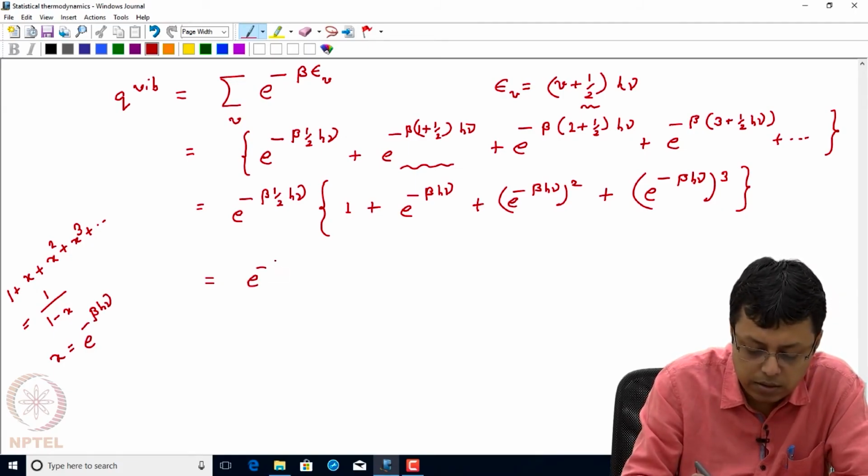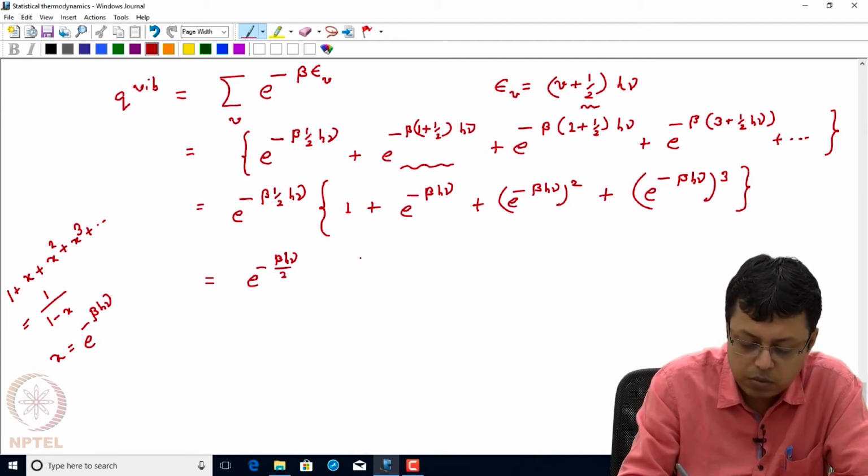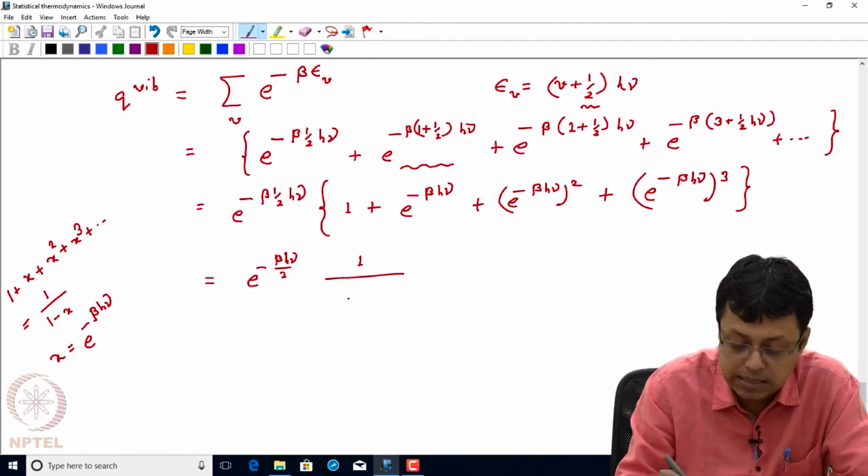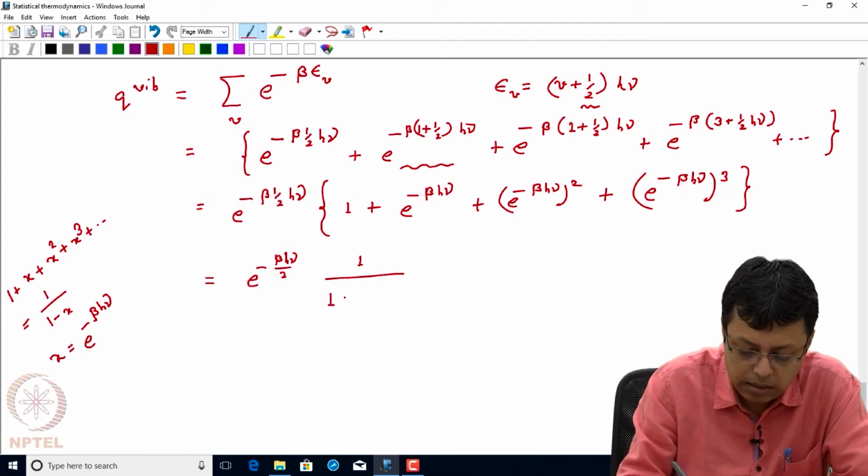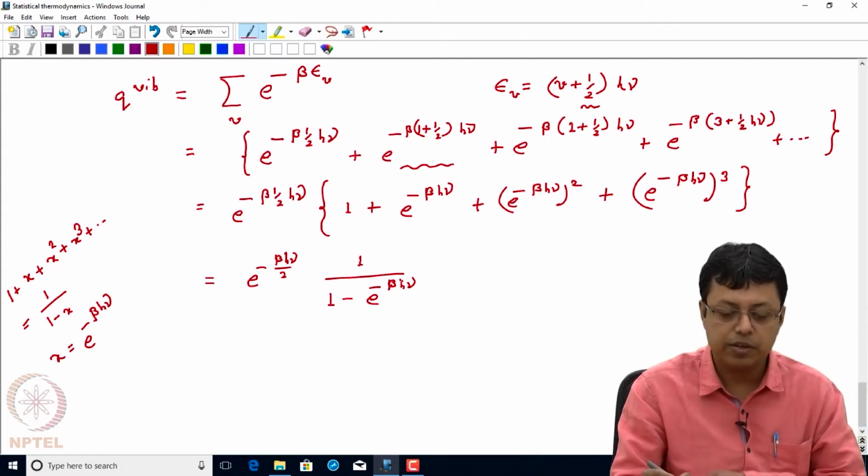So we can readily write it. It is e to the power minus beta h nu by 2, times 1 by 1 minus x, where x is e to the power minus beta h nu. So this is the vibrational partition function.